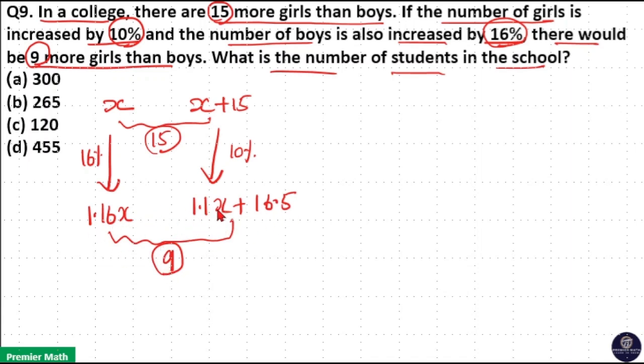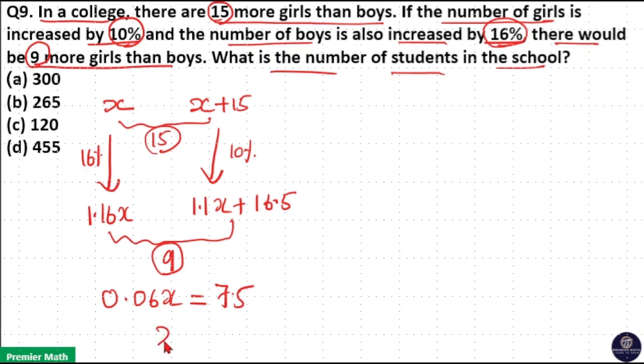So, take the difference between x components and equalize it to the difference between these constant terms. That is, here difference between 1.16x and 1.1x is 0.06x, which is equal to difference between 16.5 and 9, which is 7.5.